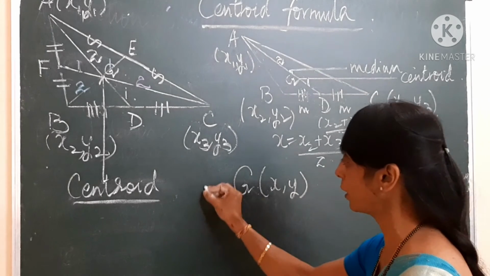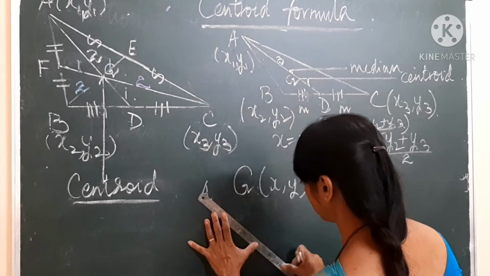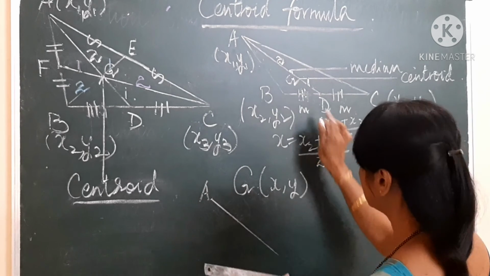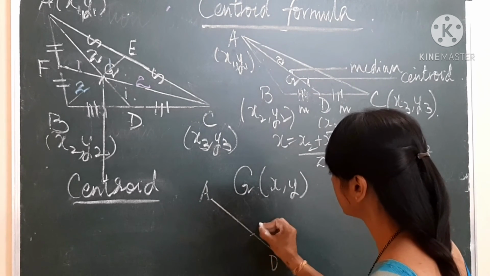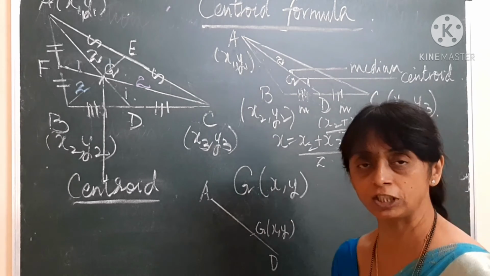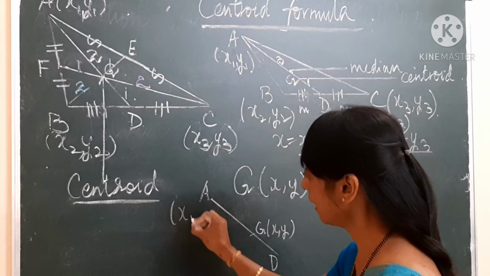So you have your point A, you have your point D over here, and you have your point G, where the coordinates of point G are x, y, and the coordinates of point A are x1, y1.